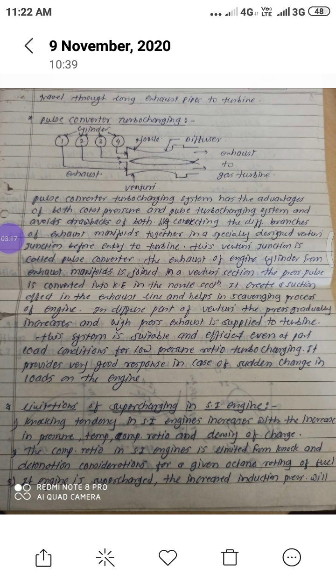The pulse converter turbocharging system has the advantages of both constant pressure and pulse turbocharging systems and avoids the drawbacks of both by connecting the different branches of exhaust manifolds together in a specially designed venturi junction before entry to the turbine. If you see the diagram, the venturi is a convergent divergent part. The convergent part acts as a nozzle and the divergent part acts as a diffuser.